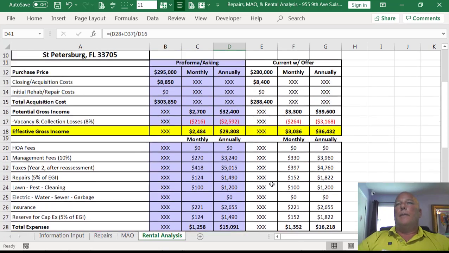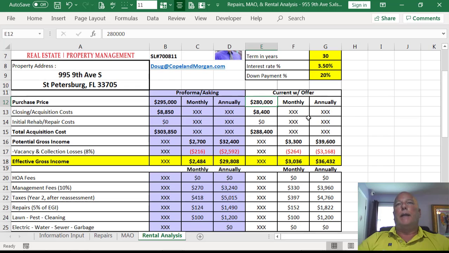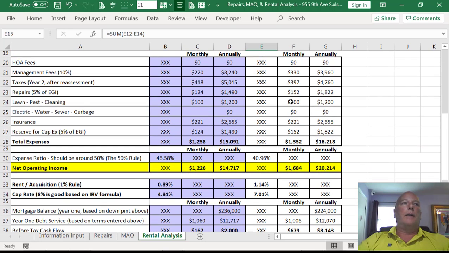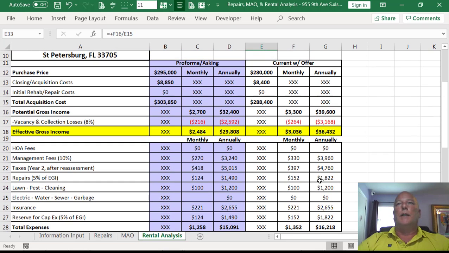So this one, I put in a 280 offer, or we would have put in a 280 offer. Then the closing cost changes and all that kind of stuff. And then that's your total acquisition cost. That comes into play with your rent versus acquisition. So your 1% rule.